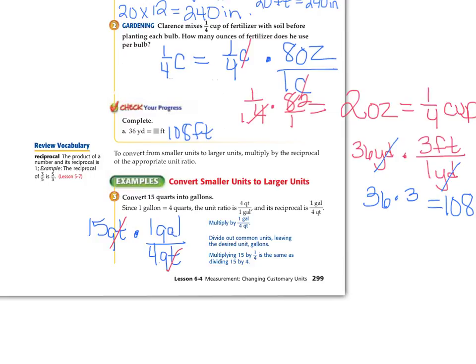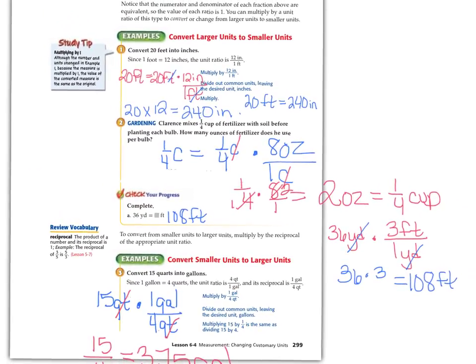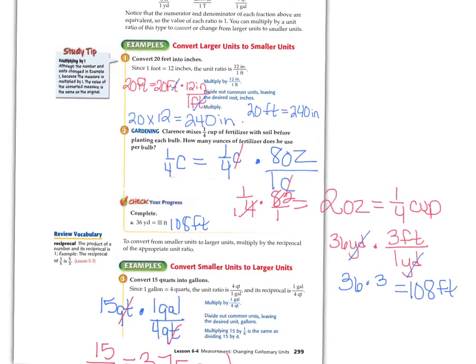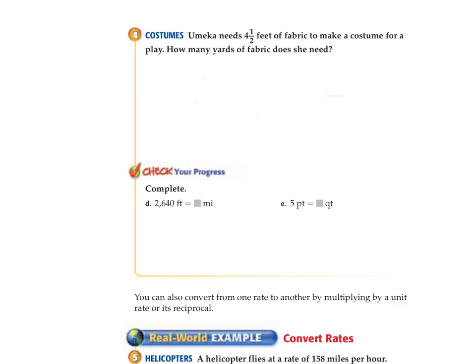Okay, and then we would multiply straight across and we would get 15 over 4, which then we would divide and we would get 3.75 gallons. So 15 quarts equals 3.75 gallons. Okay, all right. Let's go ahead and go to the next page.